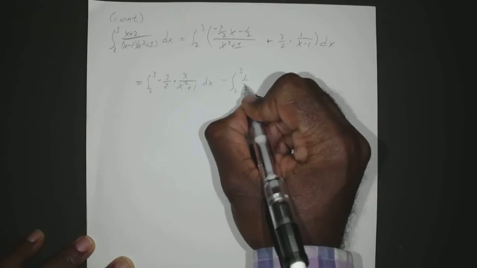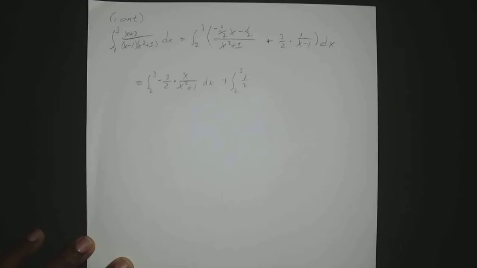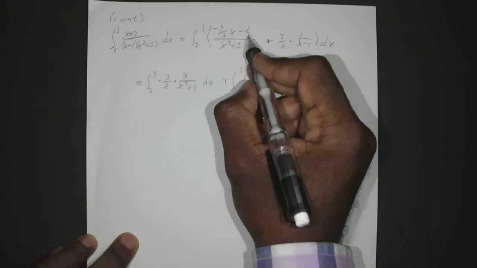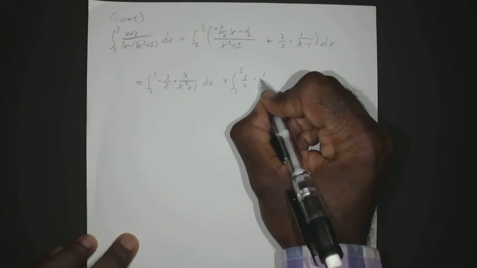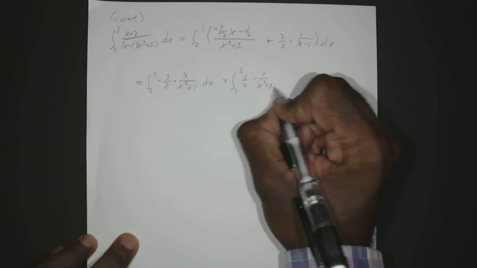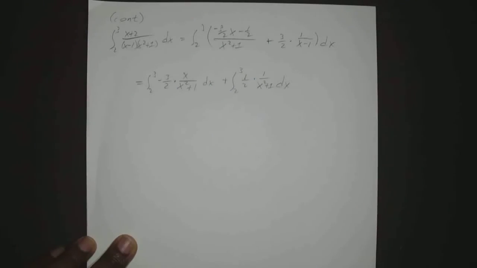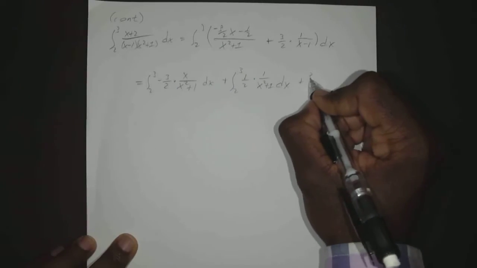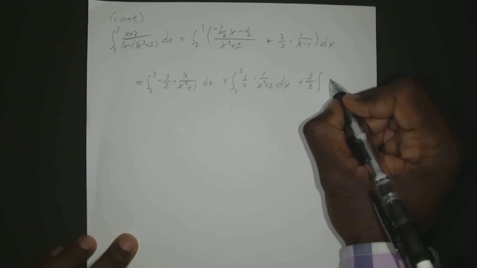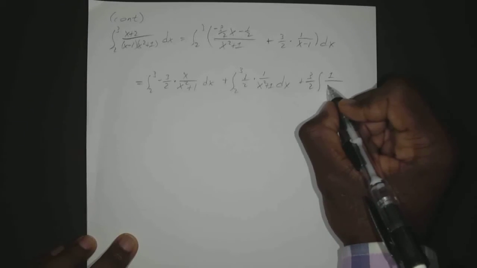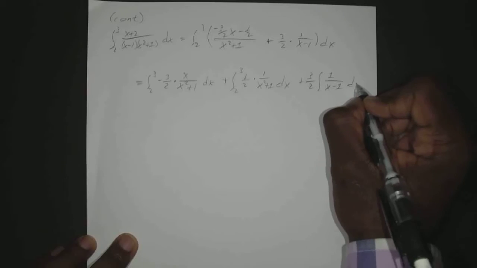We can bring that out to the front, so that will make that plus 1 over x squared plus 1 dx, plus 3/2 times the integral of 1 over x minus 1 dx.